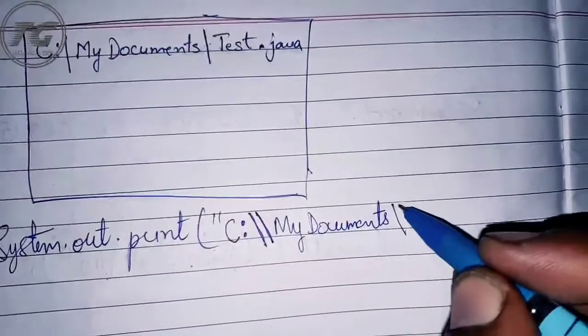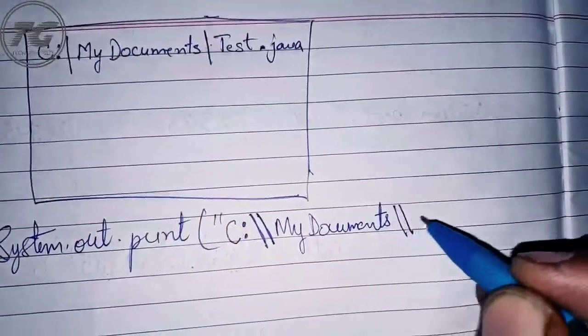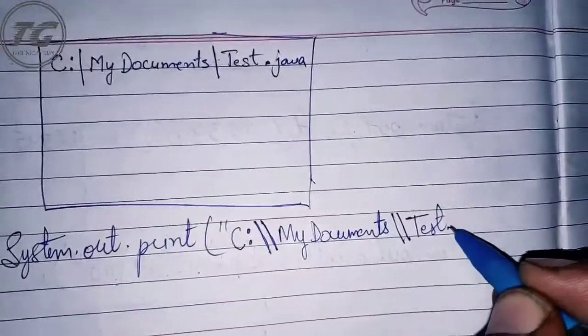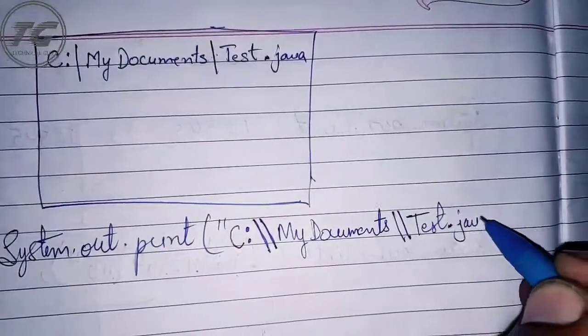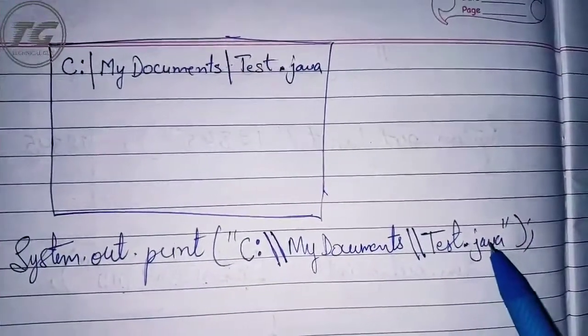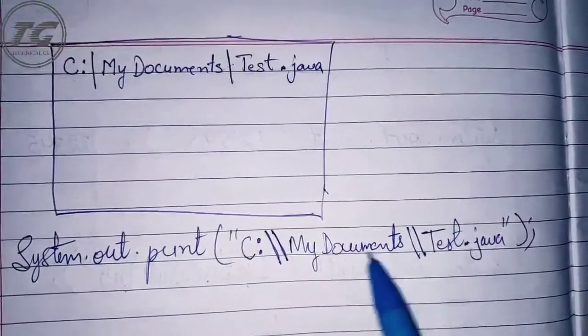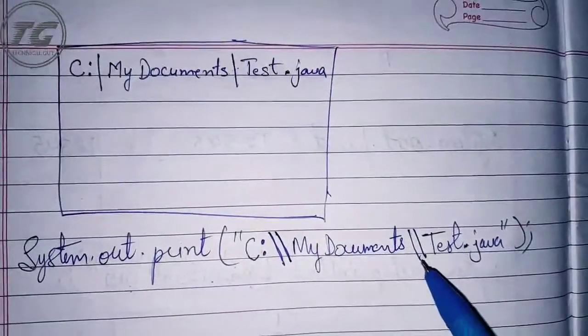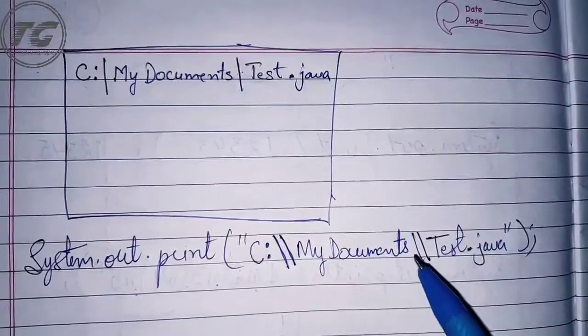Again, to print one backslash you need to put two because of the escape sequences. Then test.java and close the double quotes. The output of this line will be like this.